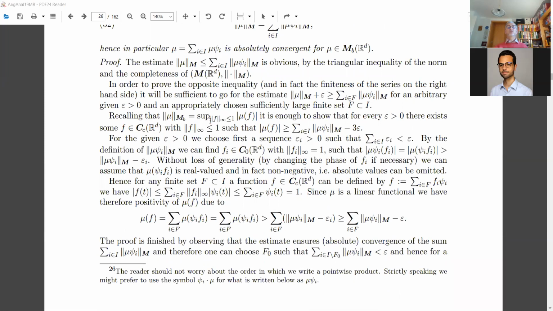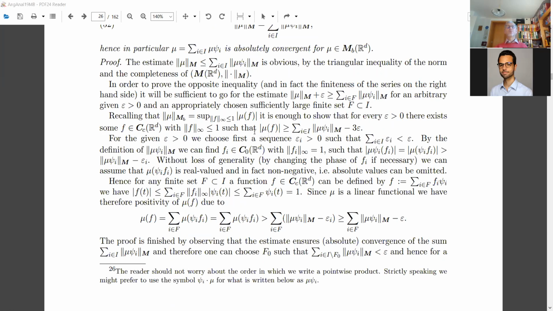A functional's norm is the sup over the input. So if we want to get an estimate from below, we can say for every epsilon and for every measure, there exists a function f such that the size of f is less than 1, typically it will be equal to 1, but that the output is large in terms of size.